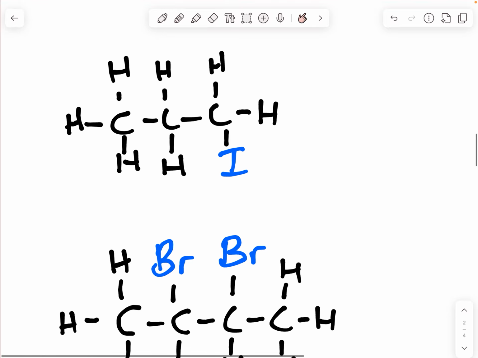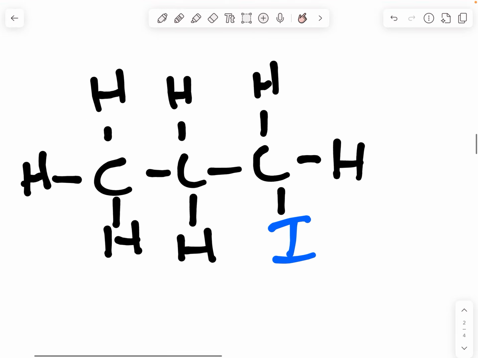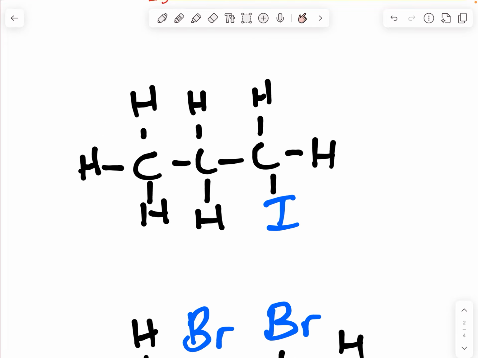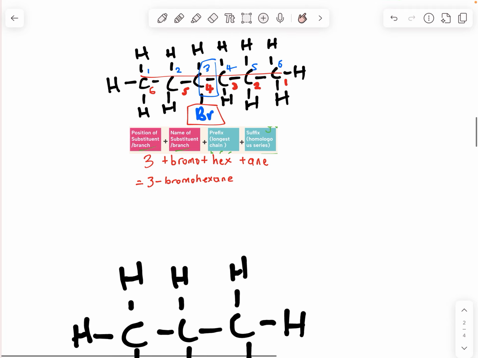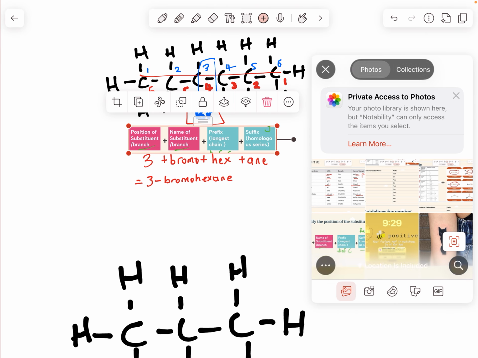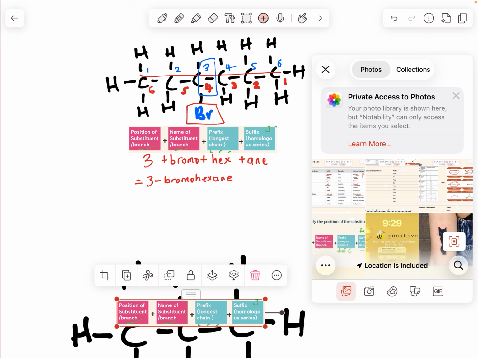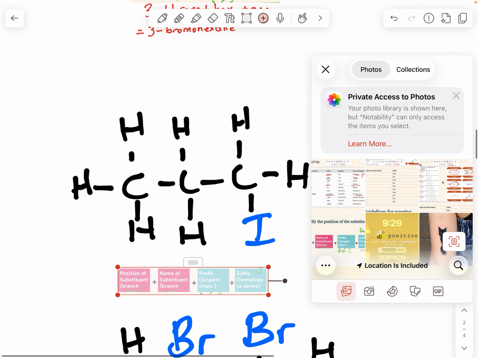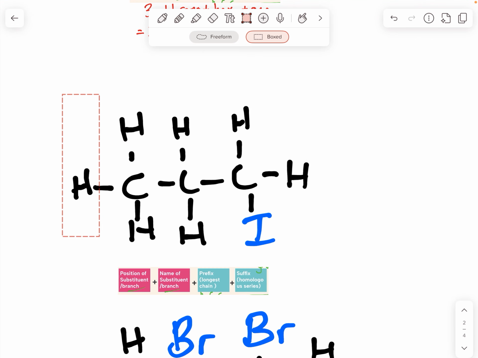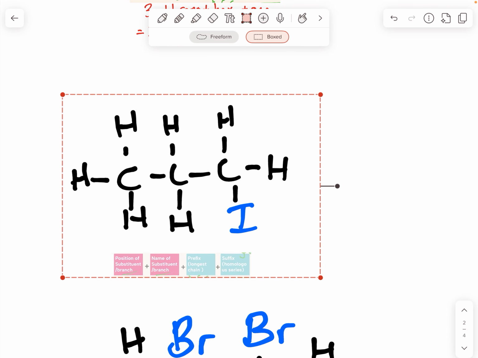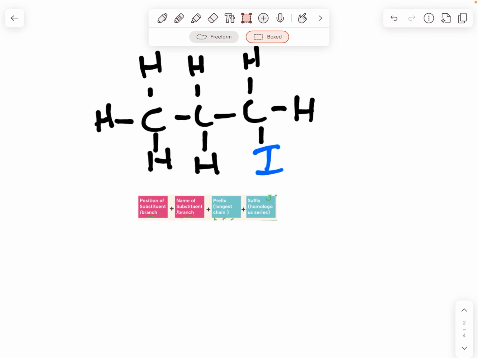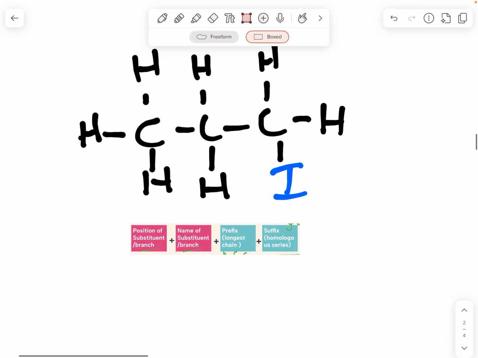Now for this one, you can pause and actually try to name it before I do. Okay, so for this one, once again, we need to identify the longest continuous carbon chain.